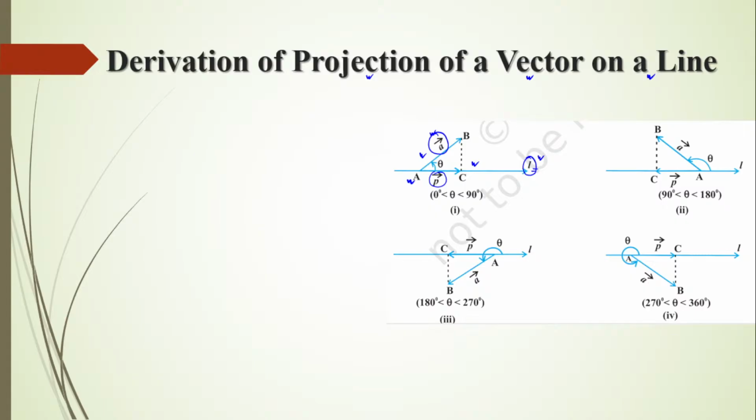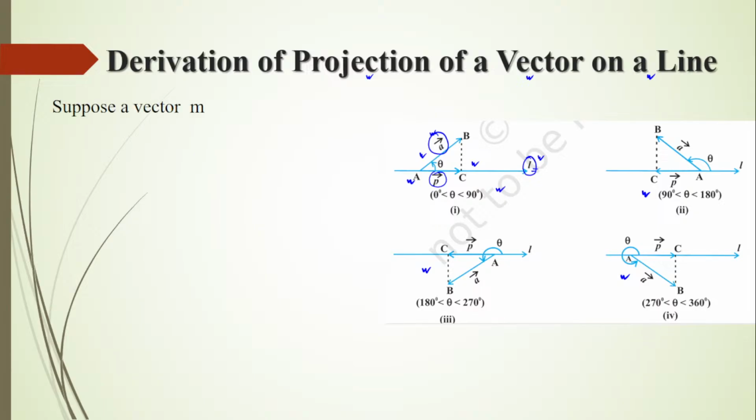This figure is in the first quadrant, this figure is in the second quadrant, this figure is in the third quadrant and this figure is in the fourth quadrant. Let's see the written statement related to these four figures.